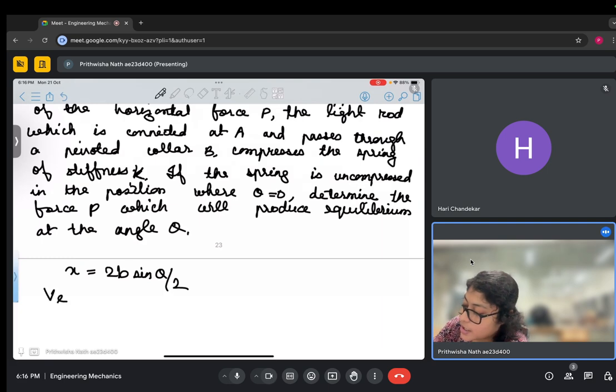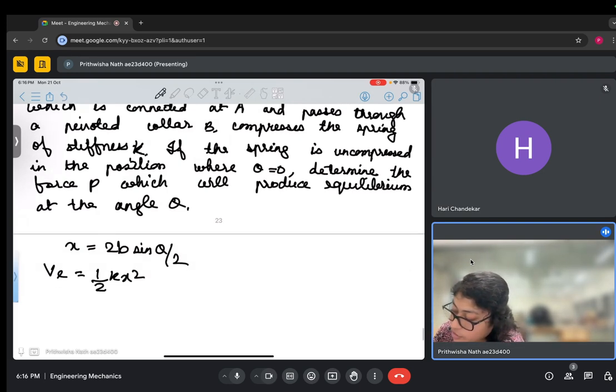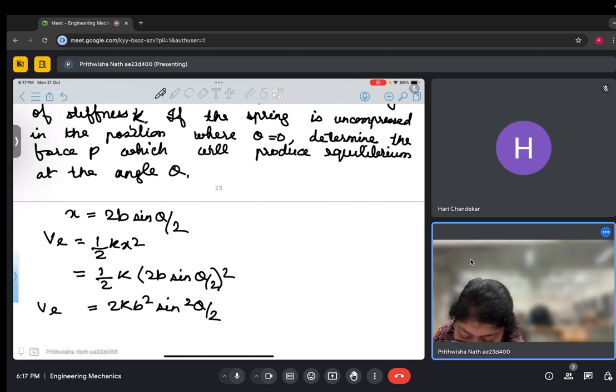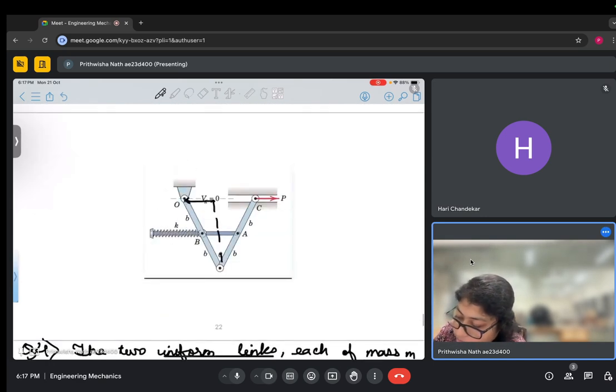It is given as V equals half k x square. I have found out x, so I'll substitute it: half k into 2b sine theta by 2 whole square. So this becomes 2k b square sine square theta by 2.